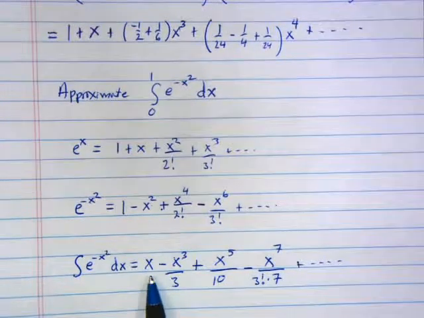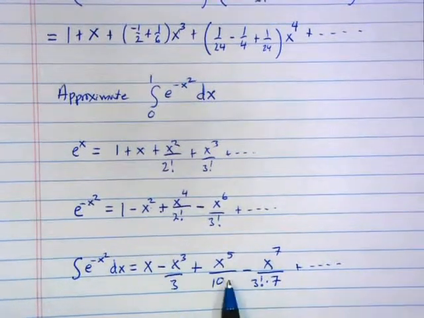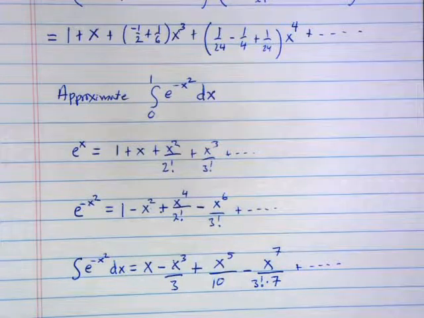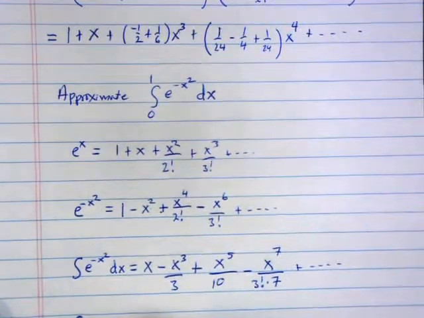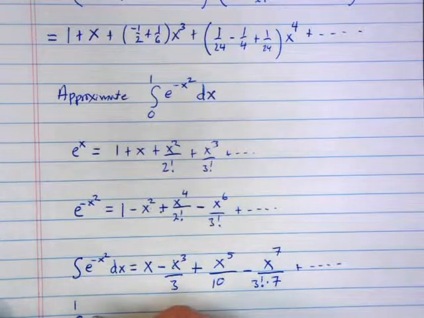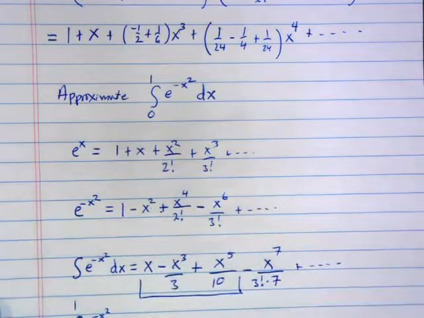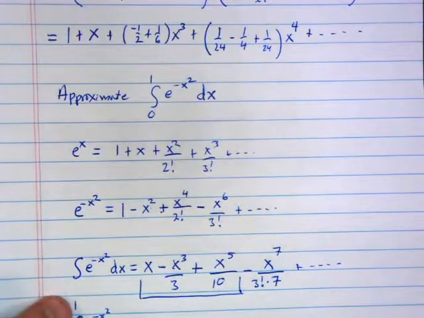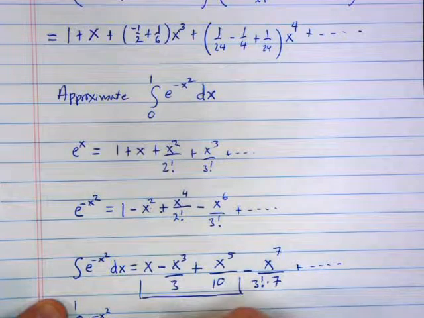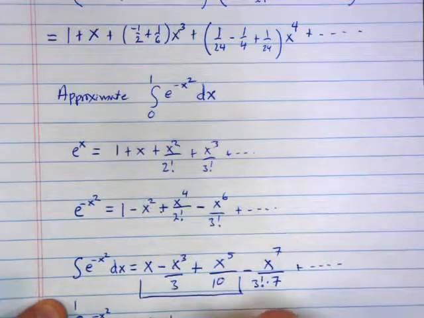Well, there's my first term. You like 3? All right. So the integral from 0 to 1 of e to the negative x squared dx is approximately, if I'm going to use 3 terms, I'm using those 3. I'm going to take 1 and plug it into that. So that's 1 minus 1/3 plus 1/10.